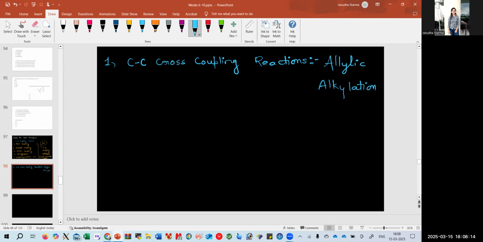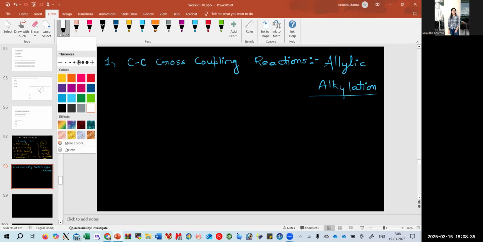That means at an allylic position you are doing an alkylation, introducing an alkyl group. We have generally seen that C–C coupling occurs well at the alpha position, but at the allylic position not much study has been done, so it has been overlooked many a time.